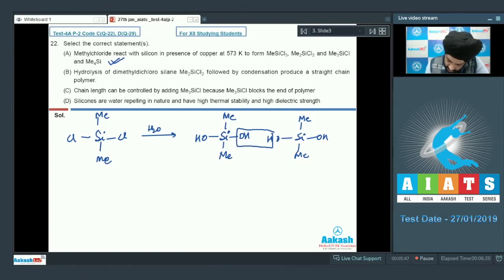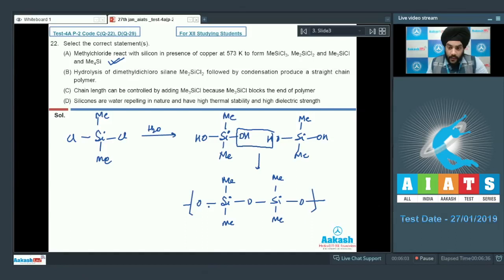So we can condense the 2 units and we'll have the polymeric structure. So students, statement B is also correct.